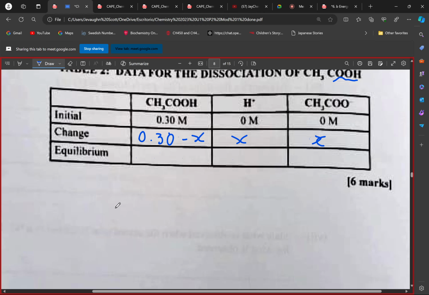Wait, what's KD? The dissociation constant. Okay. So in chemistry, we have something called KD, which is a partition coefficient, and that's unique to chemistry.